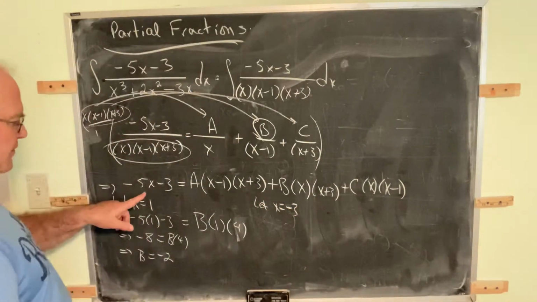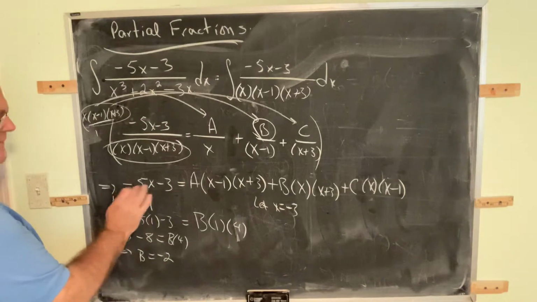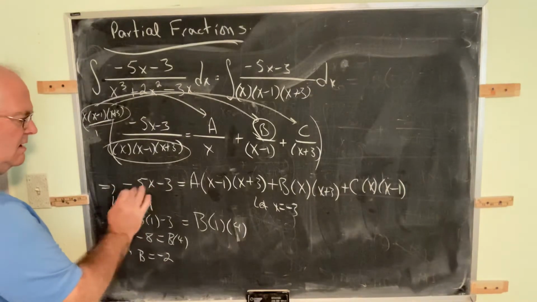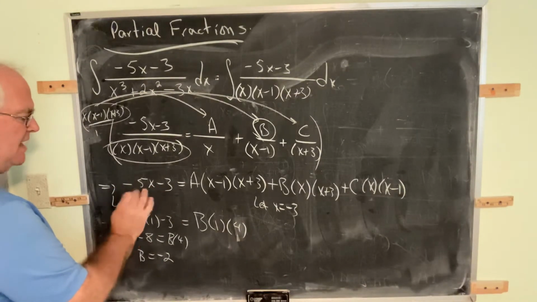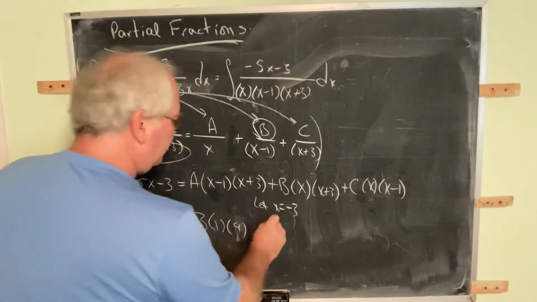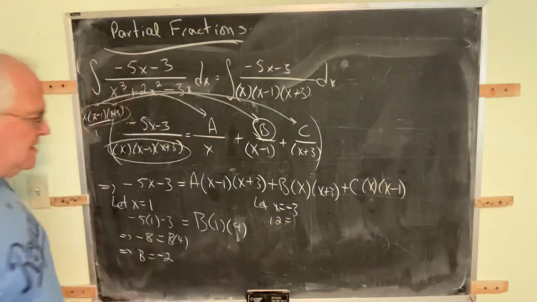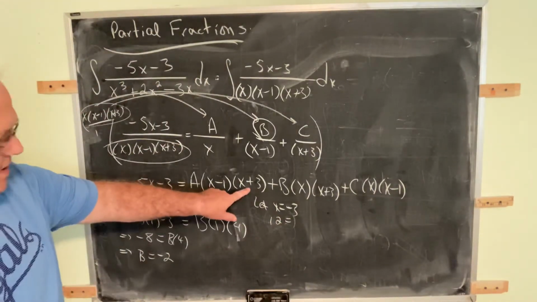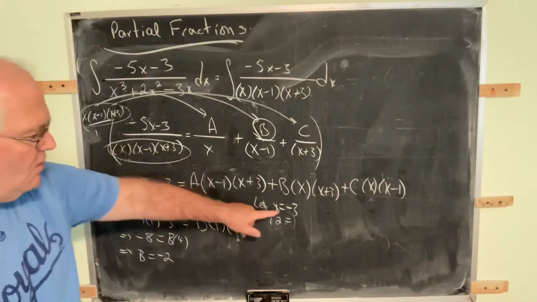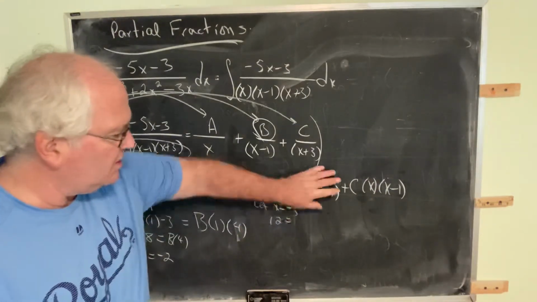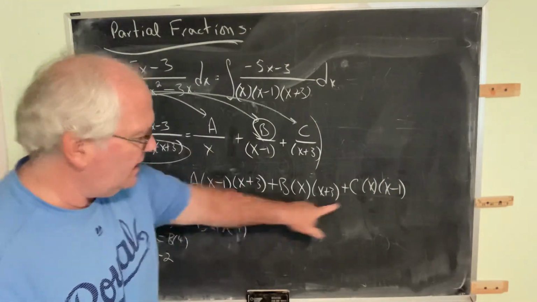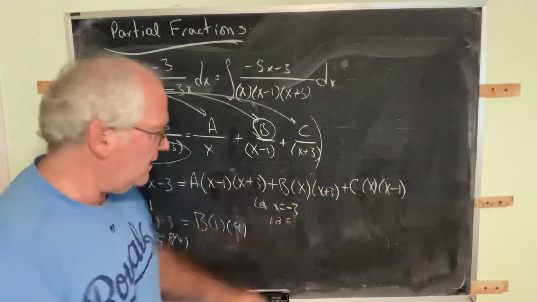If x is -3, I'm going to go ahead and do this all together. -5 times -3 is 15. Positive 15 minus 3 is 12. When x is -3, that goes to 0, so this falls out. When x is -3, that goes to 0, so this falls out. When x is -3, we got some work to do over here.